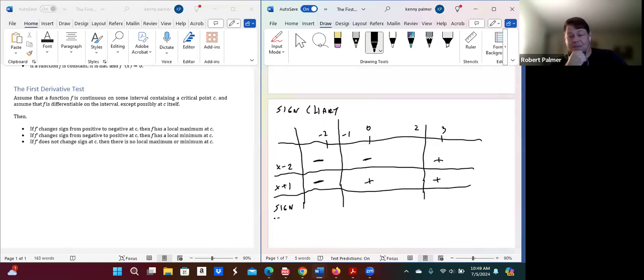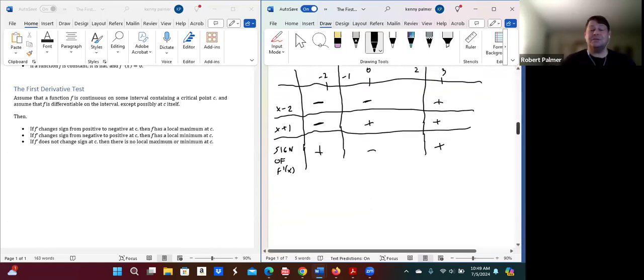So let's take a look. This is the sign of f prime of x. Let's see what we have. Right here, both of these factors are negative on this side of -1. Negative times negative is a positive. Here, both of them have opposite signs. We know that's a negative. And here, they're both positive. That's definitely a positive.